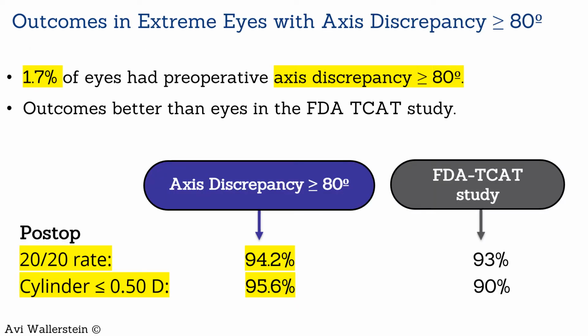We also looked at extreme eyes with an axis difference of 80 degrees or greater, showing results with exceptionally good outcomes, better than those reported in the very low discrepancy FDA study. Therefore, there should be no accuracy, efficacy, or safety reasons to exclude very large axis discrepancy eyes from Contoura.